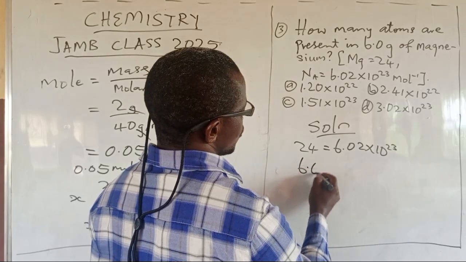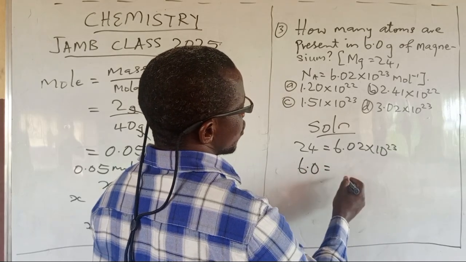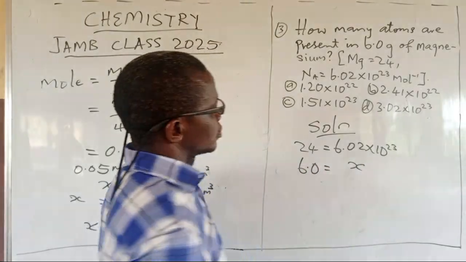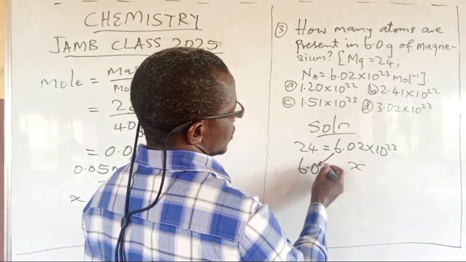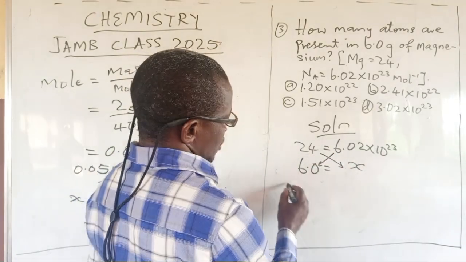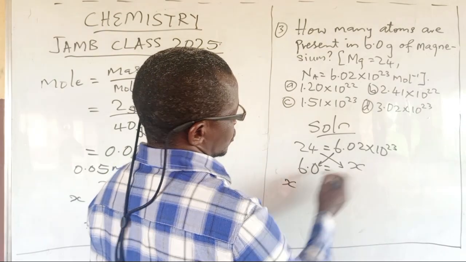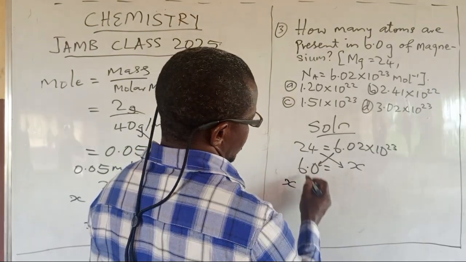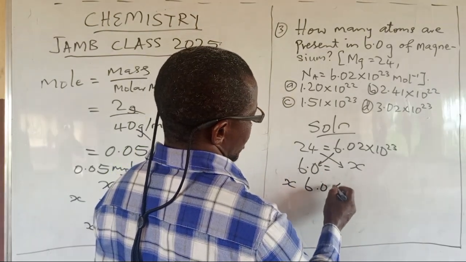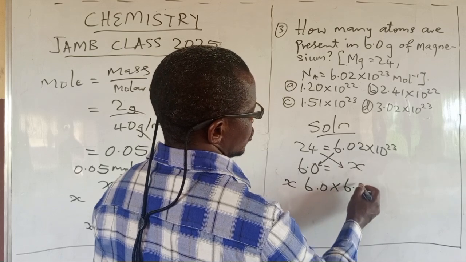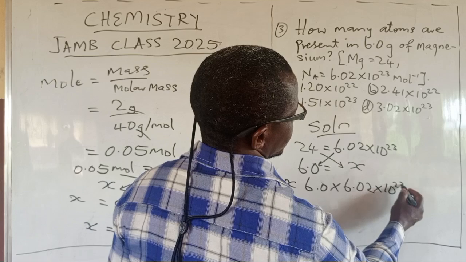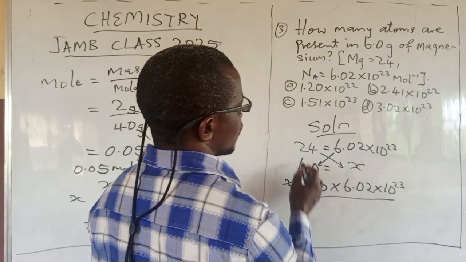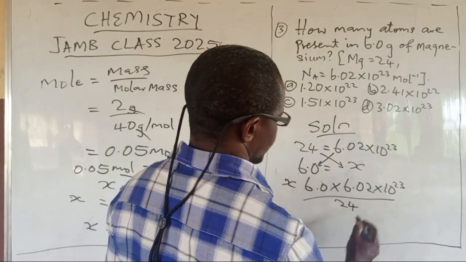So 6.0 gram will be what? You don't know. Cross multiply this by this, cross multiply this by this. And find your x. X will now be 6.0 times 6.02 times 10 to the power 23 all over 24.